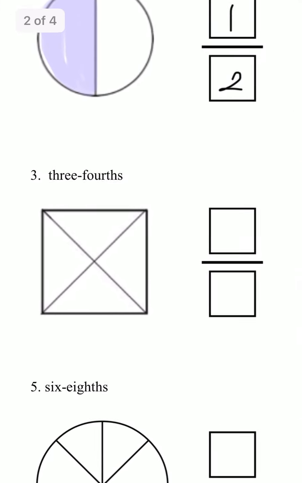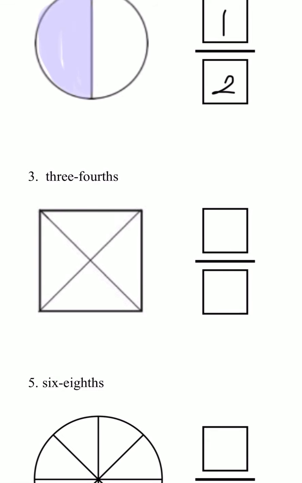Okay, number 3, we have 3/4. Now 3 comes first, so it goes on the top. 4th, it goes on the bottom. And then here we have a square that is divided into 4 parts, and we're going to have to shade 3 parts. So 1, 2, and 3.